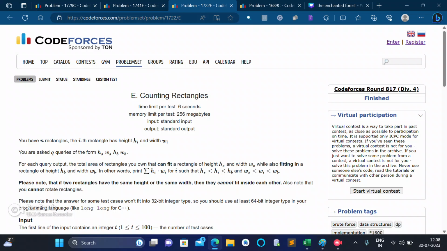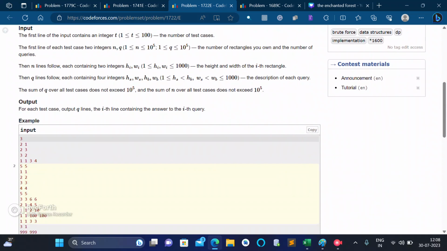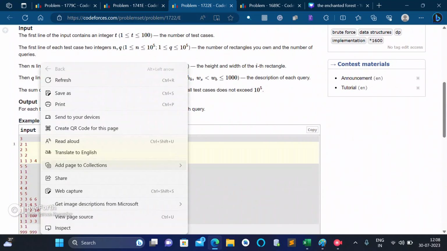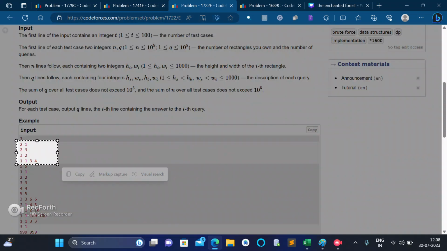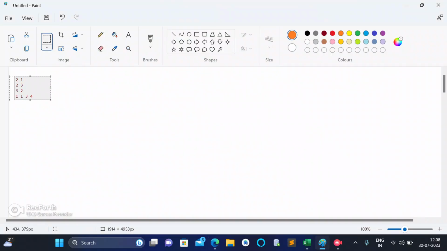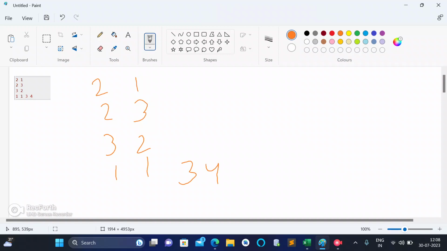So let's understand this question with the help of the test case which is given to us. Let's understand this first test case, and try to understand what the question is actually trying to say to us. So in this test case we are given 2 1 2 3 3 2 1 1 3 4.